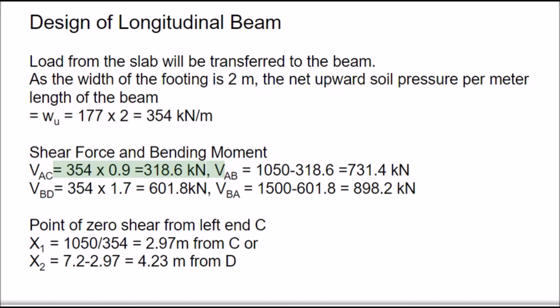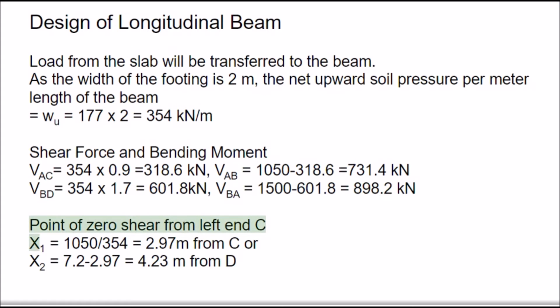VAB equals 1050 to 318.6 equals 731.4 kN. VBD equals 354 x 1.7 equals 601.8 kN. VBA equals 1500 to 601.8 equals 898.2 kN.